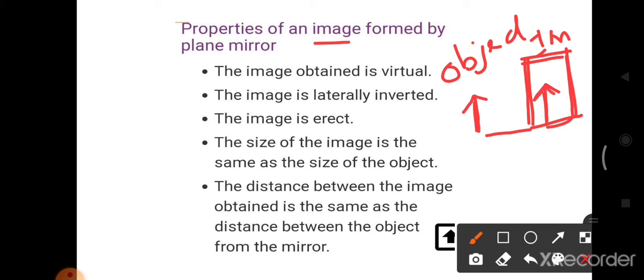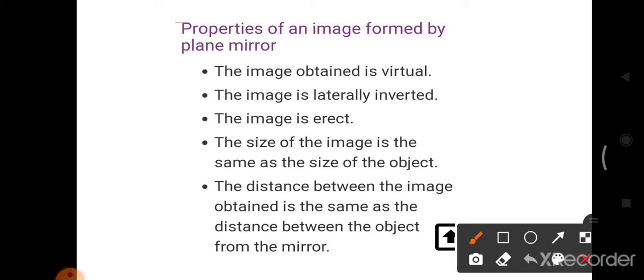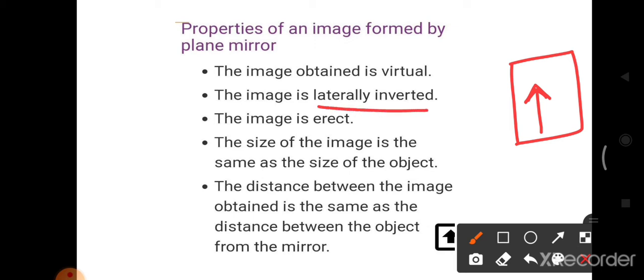Now we are going to see the properties and characteristics of the image formed by a plane mirror. The first one: the image obtained is virtual. The image is only formed in the mirror, so this image is called a virtual image. The image is laterally inverted; I will explain what is meant by laterally inverted in the next slide.